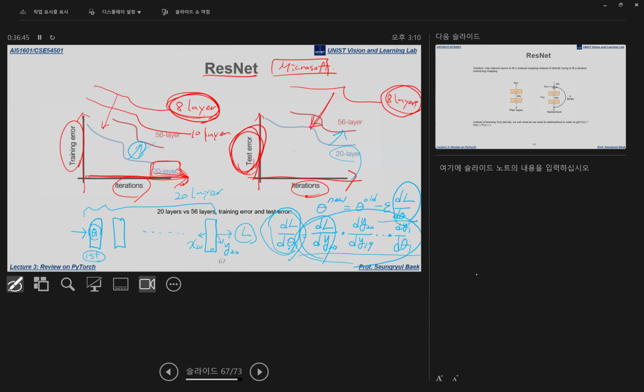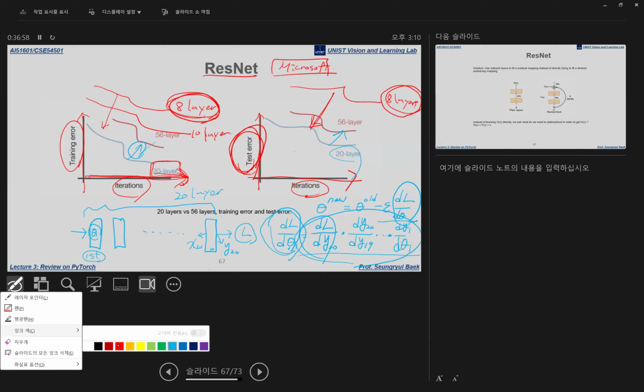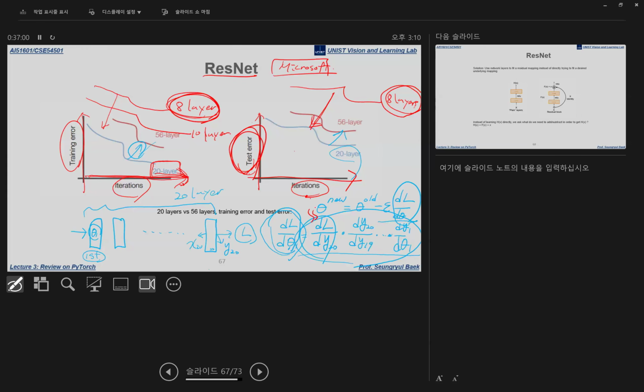And those gradients, have you thought about their scales? Mostly their scales might be less than 1, slightly or anyways less than 1, okay?